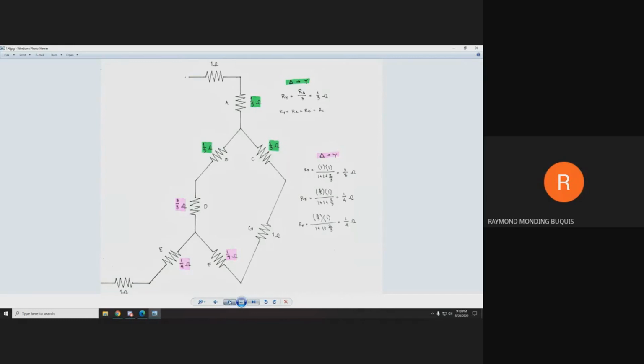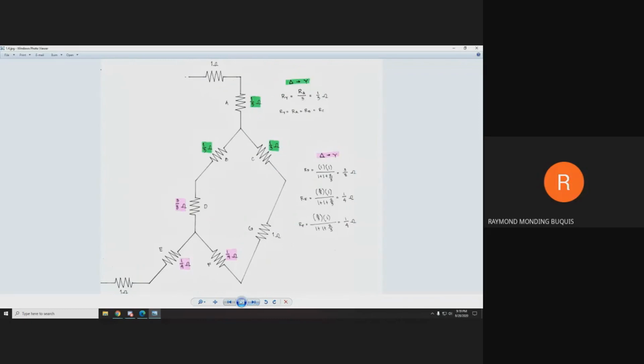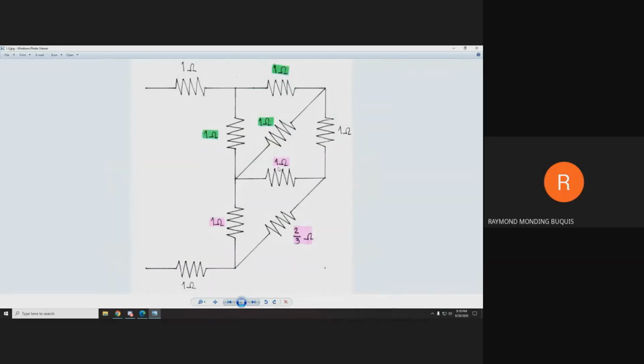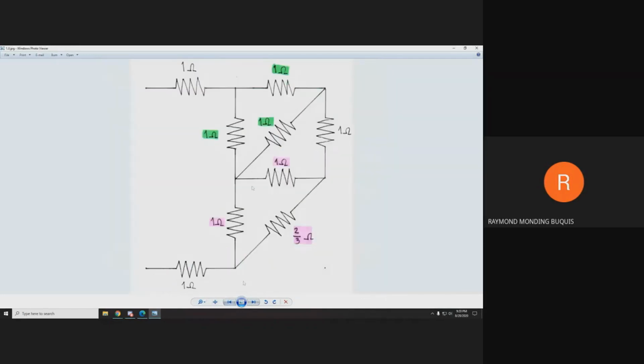For the other transformation of delta to Y, the values are 1, 1, and 2/3. For the RD, which is this resistor, it will have a value of 3/8 since 1 times 1 is 1, divided by 1 plus 1 plus 2/3. As for the RE, the adjacent resistors are 1 and 2/3.